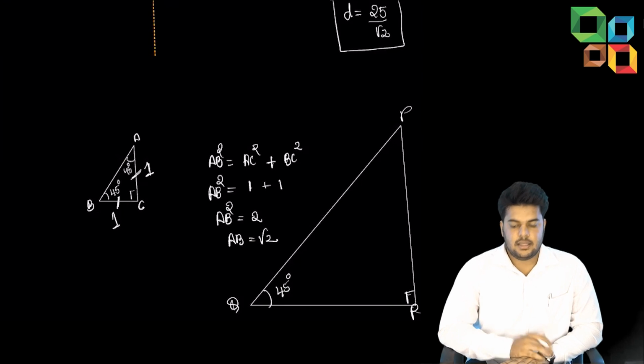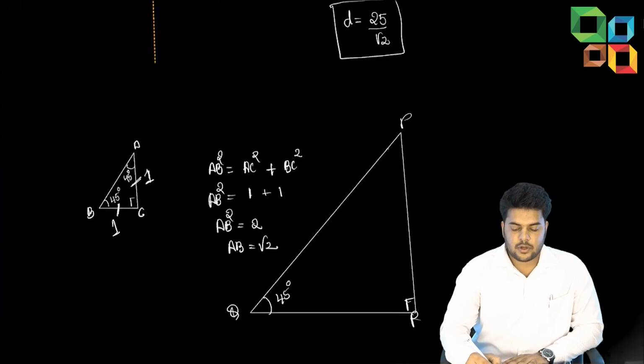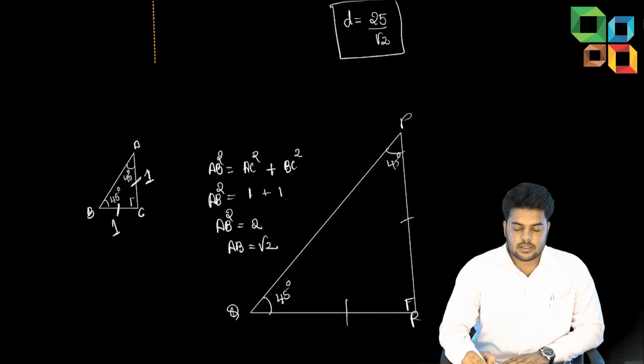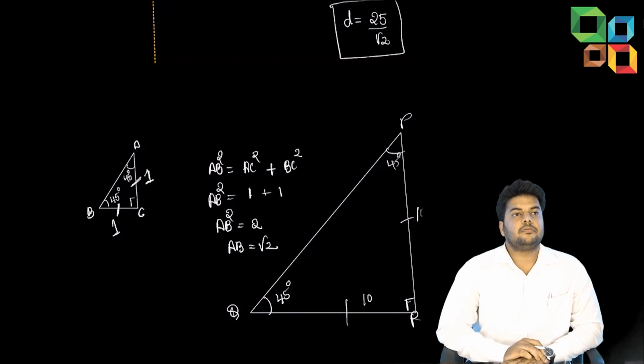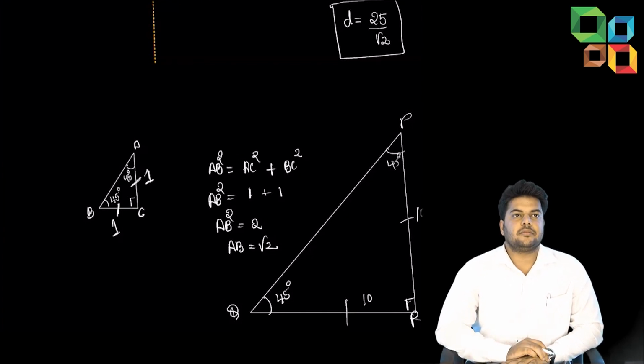Can I say that in this big triangle, one of the angles being 45 degrees means that these two sides are equal, isn't it? Now let's say that this is some 10. That is some 10. What would be the hypotenuse?